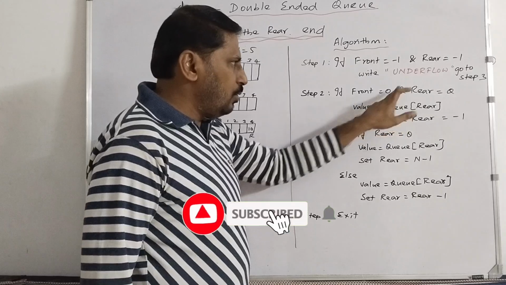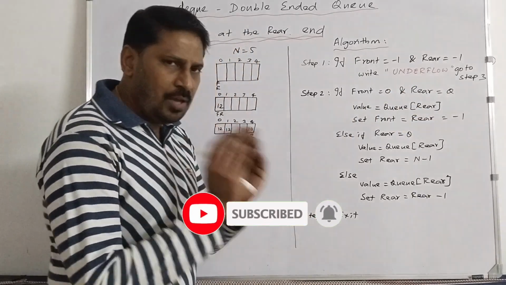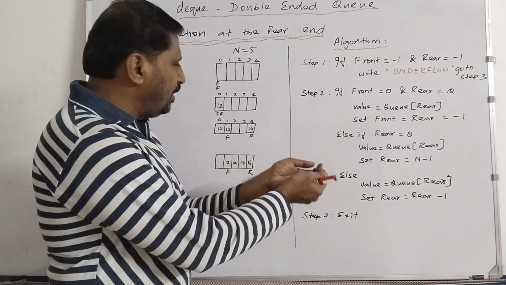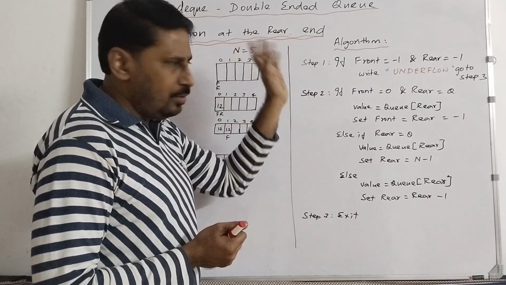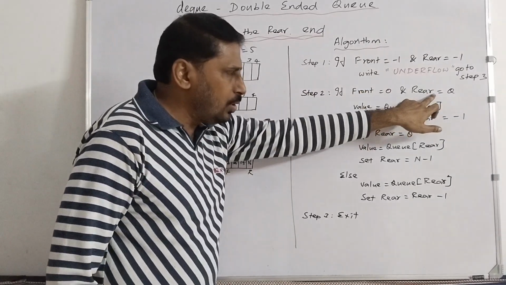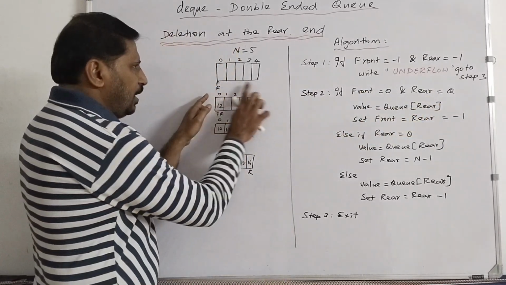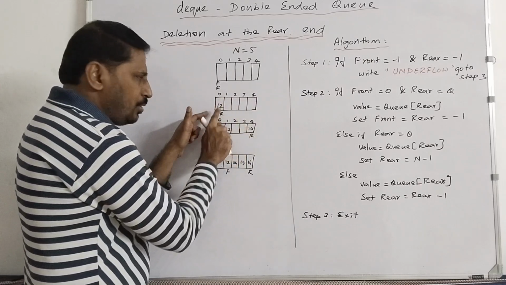If front equals 0 and rear equals 0, what execution are we going to do? We are going to delete one element from the rear end. So in this scenario, front equals 0 and rear equals 0, which means front and rear point to one element.